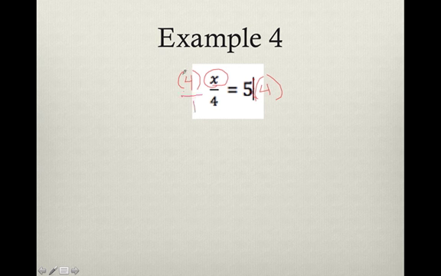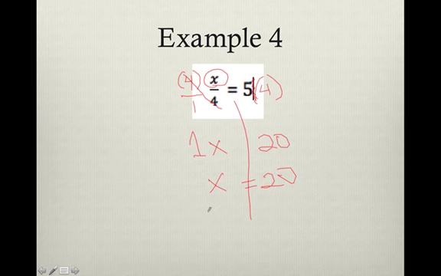So here, 4 divided by 4 leaves me 1. So it gives me 1x. Well, we normally don't write the 1, so we just put x. And then over here, I have 5 times 4. That's going to give me 20. So x is equal to 20. And if you think about it, it makes perfect sense. 20 divided by 4 is in fact 5. And again, this is a little typo-ish. That little line should not be there.